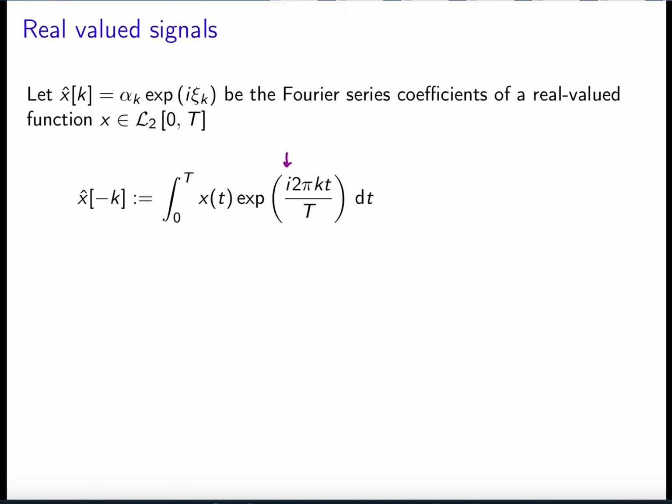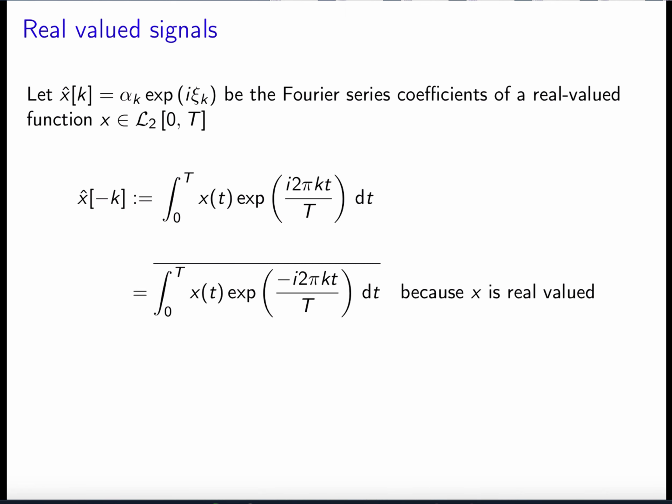Now, because this guy is real, we can just say that this is equal to taking the conjugate of this whole thing and putting a minus here. And this only works because this guy is real. But if you realize, this is exactly equal to the Fourier coefficient corresponding to the frequency k.